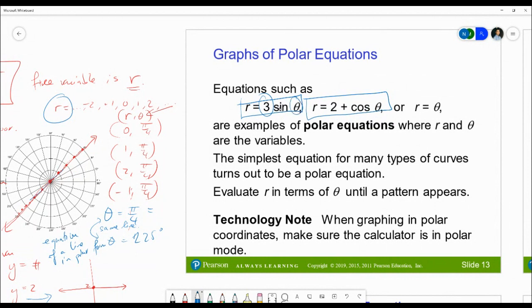Something's going to happen, and then we're going to summarize all of that into a nice little chart that can help you memorize what's going on when we change these values. So we're going to play around with it, and I want you guys to see if we can use ClassCalc to do this, or if you have a graphing calculator, that would be good too.